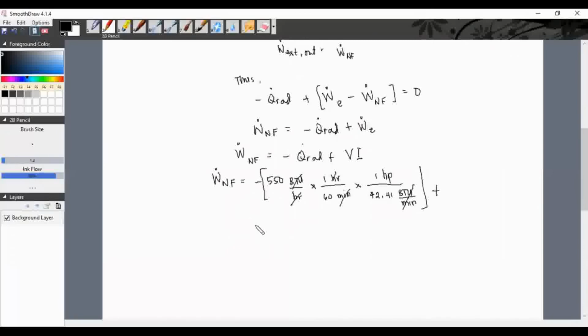So we have V, that is 220 volts times I, 2 amperes. Convert natin. We have 1 volt ampere for every 1 watt. So cancel na to. Okay. And we have 746 watts for every 1 horsepower.